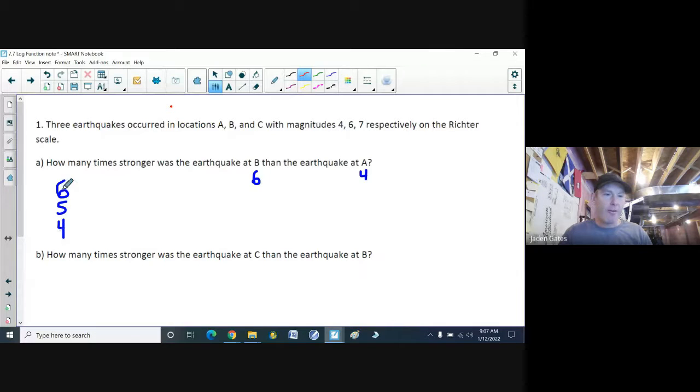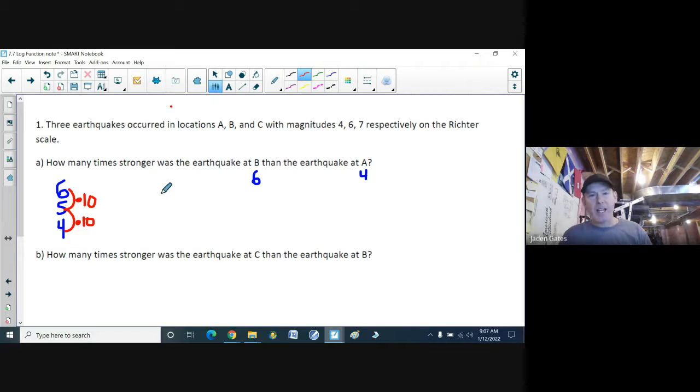Now, if I compare a 4 to a 6, that's 2 jumps. But because the Richter scale is a logarithmic scale, every time we go up 1, it's 10 times stronger. So a 5 is 10 times stronger than a 4. A 6 is 10 times stronger than a 5.